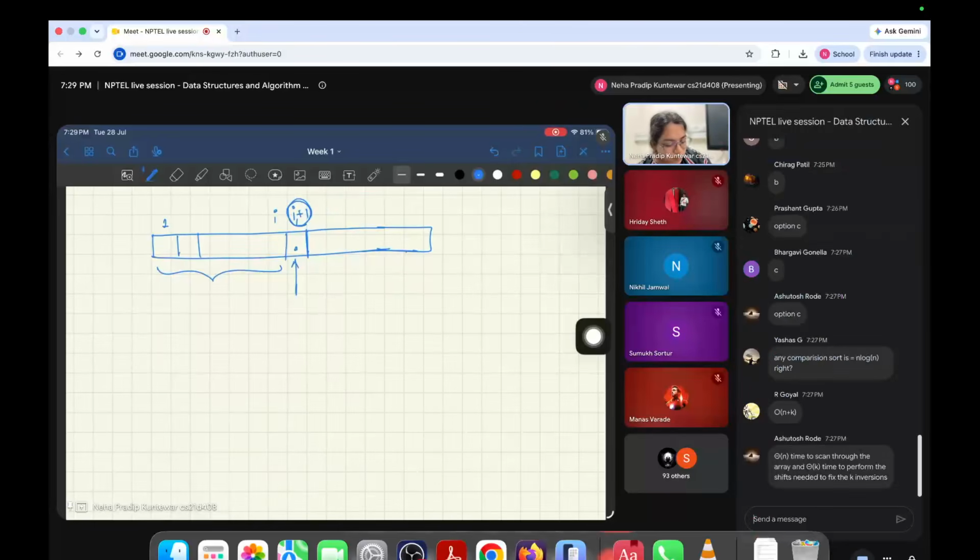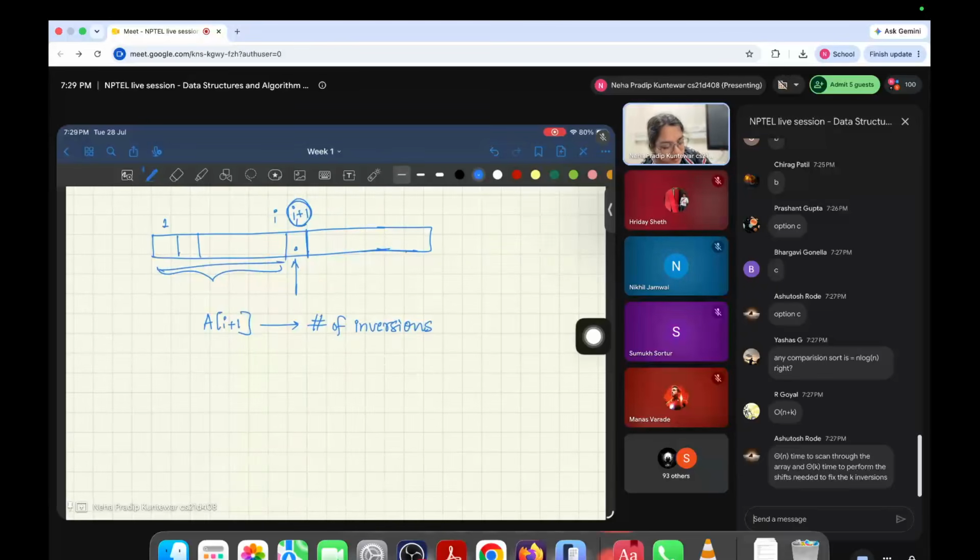Let's look at the a of i plus 1 element and look at the number of inversions that it has with any of the previous elements.